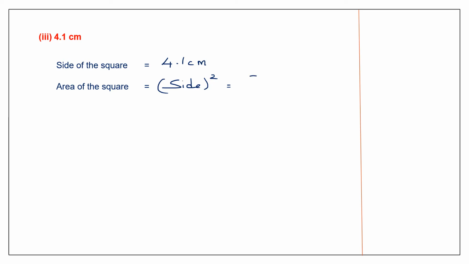The third one, the side's measurement has been given. So let's write it down. The side of the square is 4.1 centimeters. Now we have to find the area of the square with the formula area is equal to side square, which is side into side. So that will be 4.1 centimeters into 4.1 centimeters.